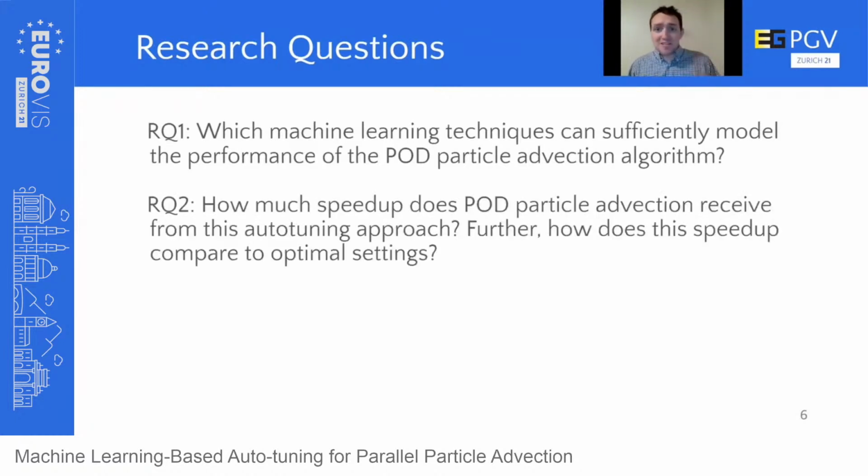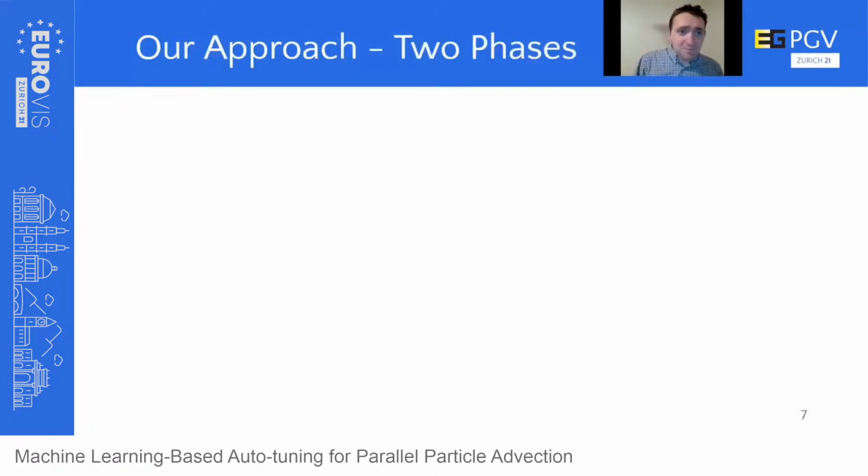The second research question is, if we can somehow apply machine learning to an auto tuning approach, how much speed up could we get? And are we able to somehow compare it to theoretically optimal settings? And what does that mean to analyze that?